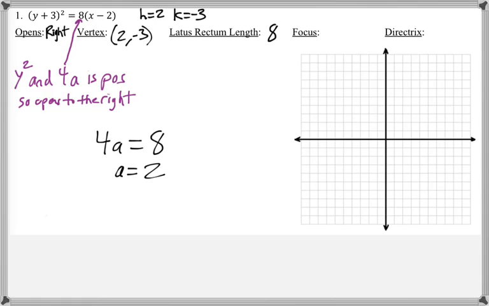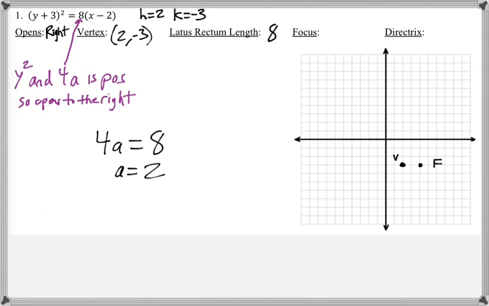Okay, I'm going to graph the vertex, and that's at (2, -3). So that is right here. To get the focus, I want to add 2, and that means I'm going to the right, because right is positive. So this is my vertex, and add 2 to the right. That gives me my focus.